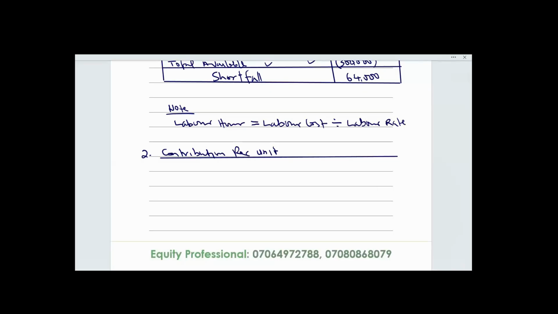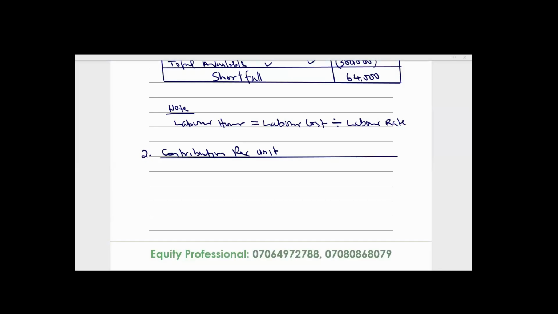If I'm given selling price, then contribution will be selling price minus variable cost per unit. If I'm not given selling price, I will check in case I'm given profit per unit and fixed cost per unit. So you must know what to do at the right time. In this particular question, we don't have selling price, but we are given fixed cost and profit per unit. That's what we are going to use to calculate our contribution.